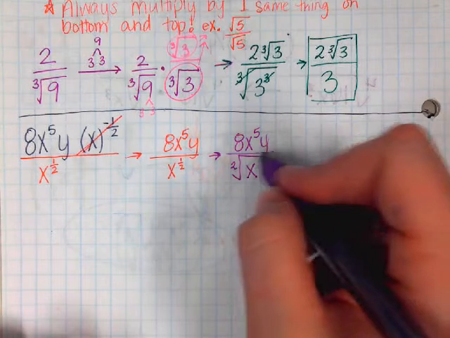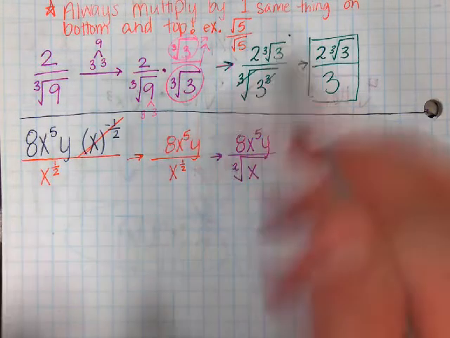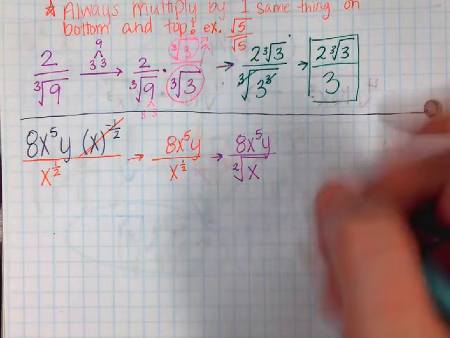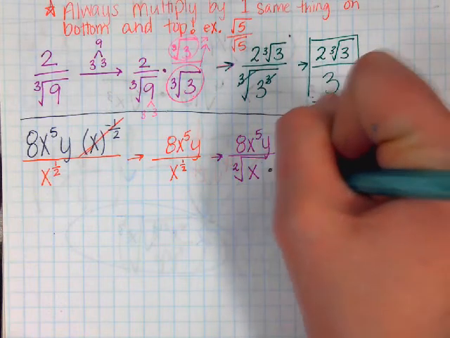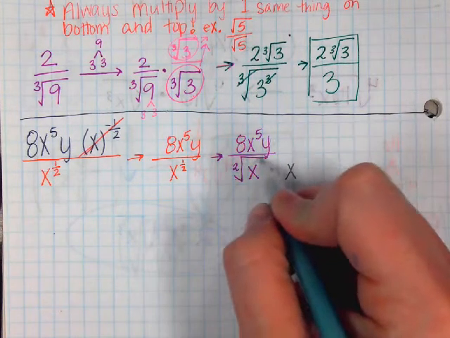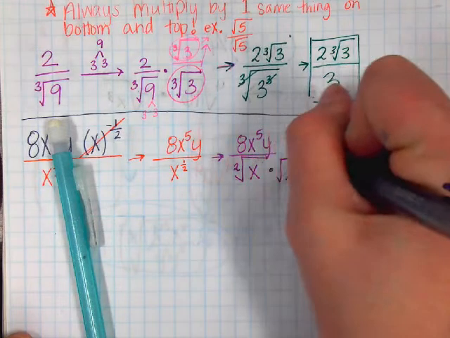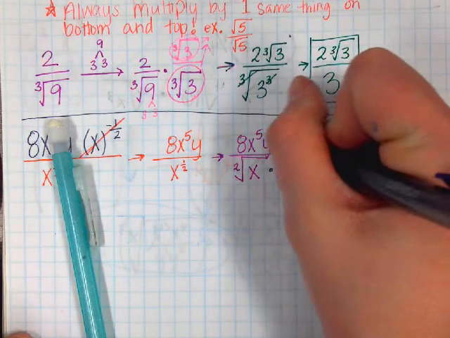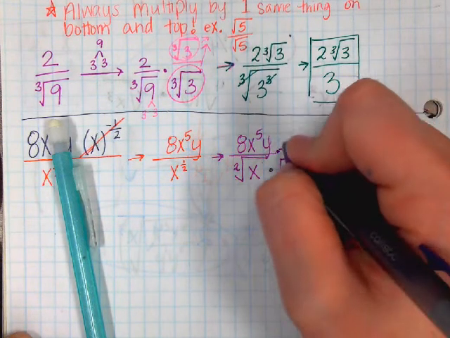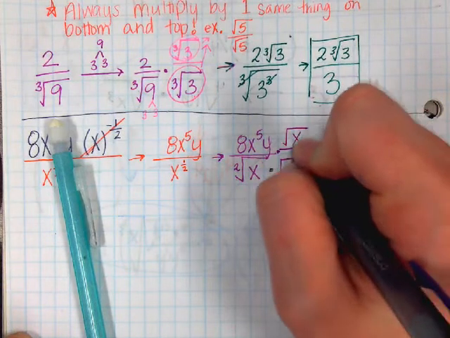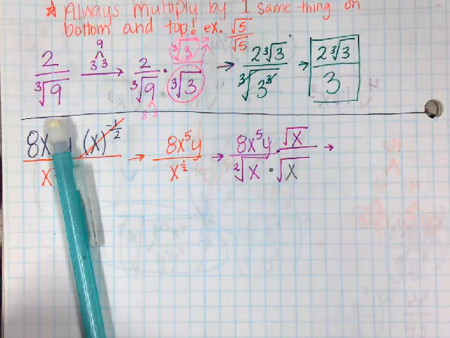Now, in order to get rid of the square root, remember I need a squared here. Well, in order to get a squared for an x, I need to multiply by another x. Since this is underneath the radical, I need to multiply it under the radical again. And then whatever I'm multiplying on the bottom, in the denominator, I need to multiply in the numerator.